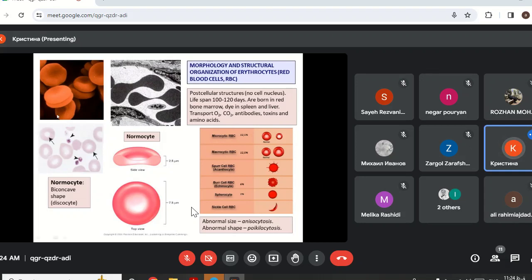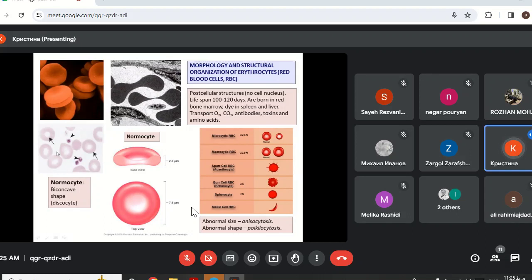This is how they look in scanning electron microscopy. This picture was artificially colorized in a computer program, and this is how they look inside a blood capillary. So this is the lumen of the blood capillary, and inside it we can see erythrocytes, and this small one is a platelet. And here is how the erythrocytes look in the blood smear, stained with hematoxylin and eosin.